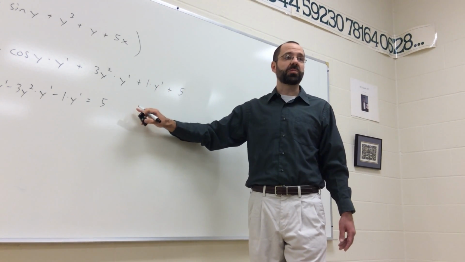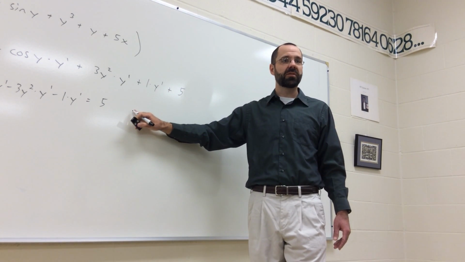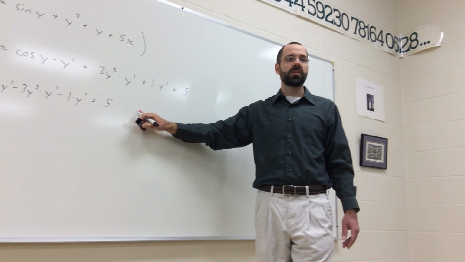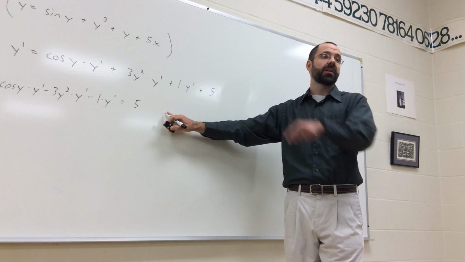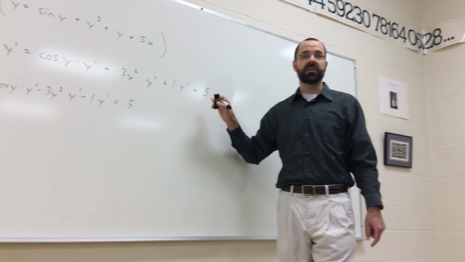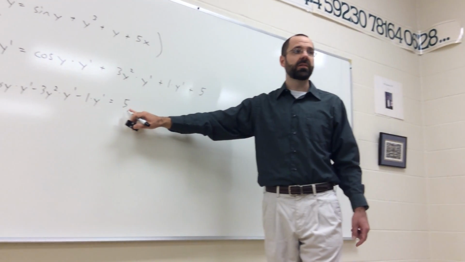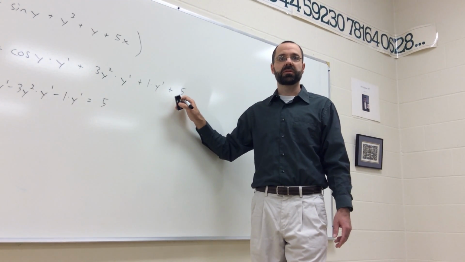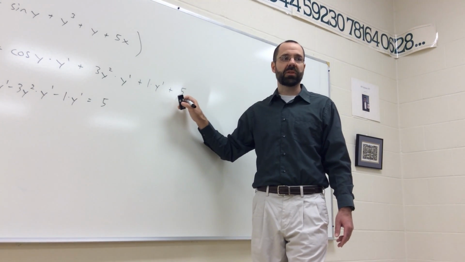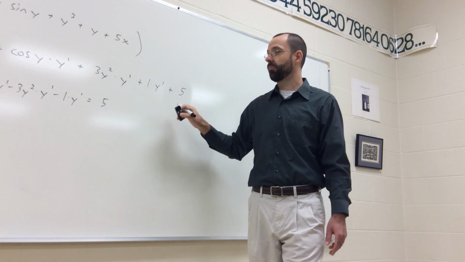So I'm just doing algebra to try to get y prime by itself. So I moved everything that had a y prime in it to the left, and then I left everything that didn't on the right side. This time there was only one thing that didn't. There could be more stuff that doesn't have a y prime with it.